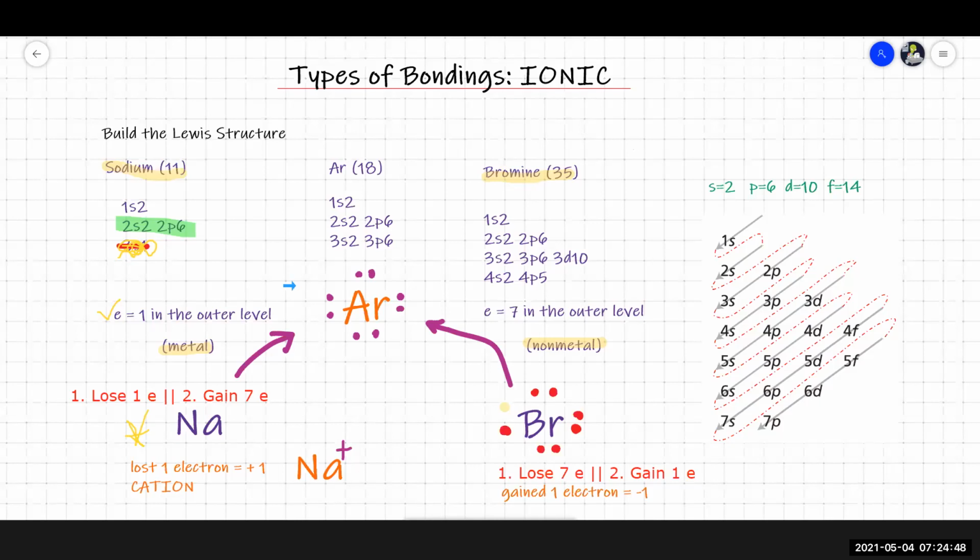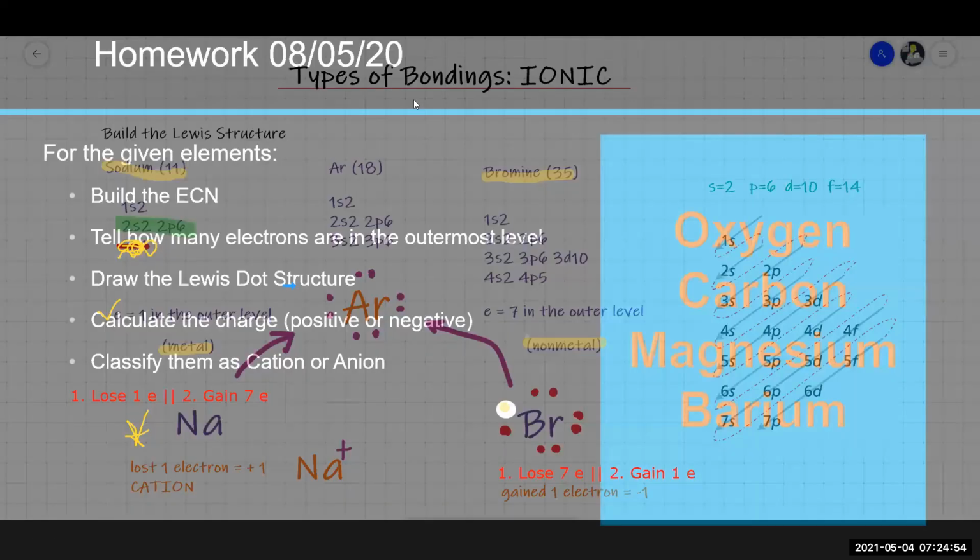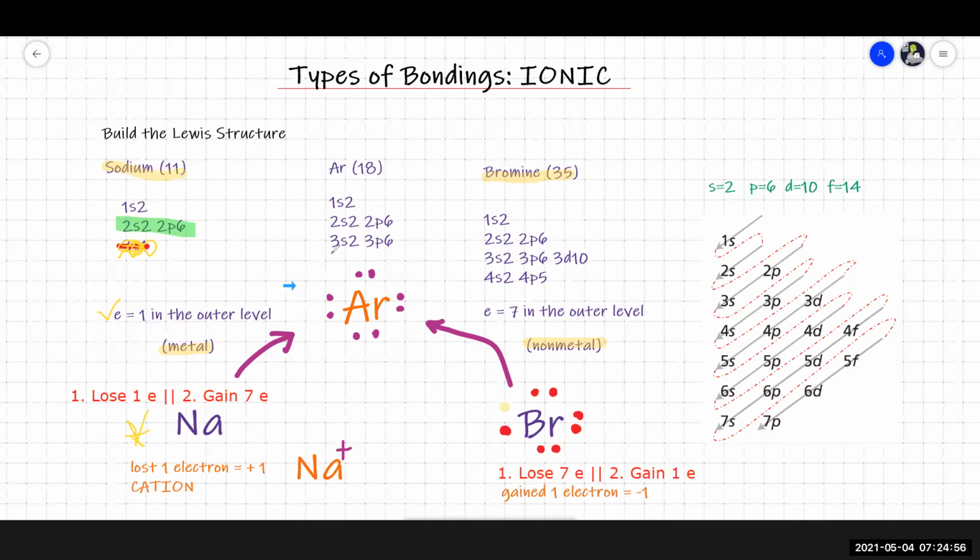Every noble gas has 8 electrons. Take a look, argon has 2 plus 6, which makes 8. So all noble gases except helium have 8 electrons in the outermost level.